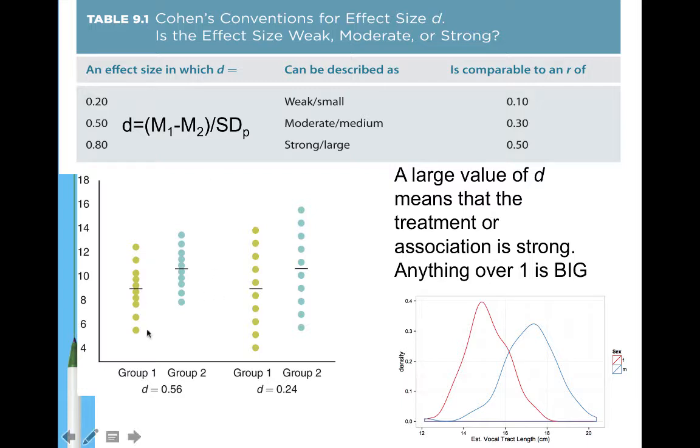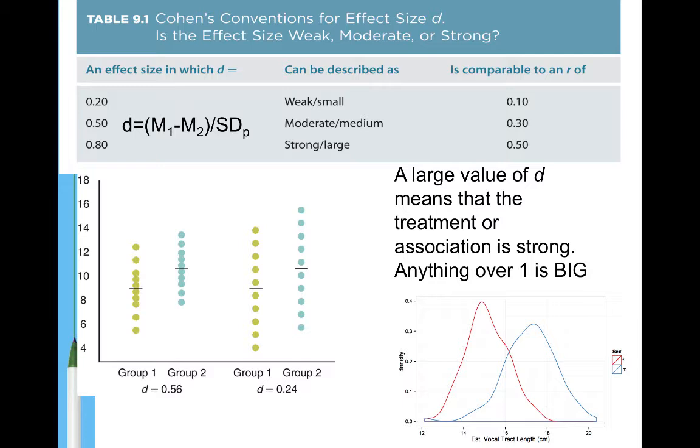And you can see here the same mean difference, but standardized mean difference, D, is larger here than it is here because the yardstick for how big this difference is is the within group variability. So here we've got a D of 0.56 and here we've got a D of 0.24. So in this study, the within group's variability is much larger.